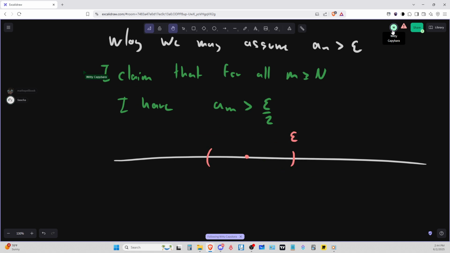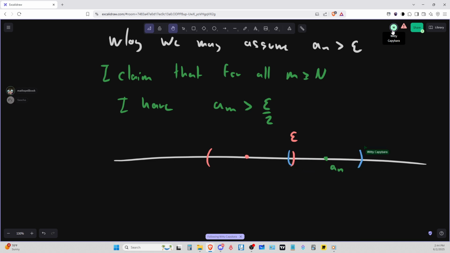I have the famous a_n, which is outside of the epsilon ball. And now I'm considering a ball of radius less than epsilon over two. So this condition is less than epsilon over two, and I will consider this ball.